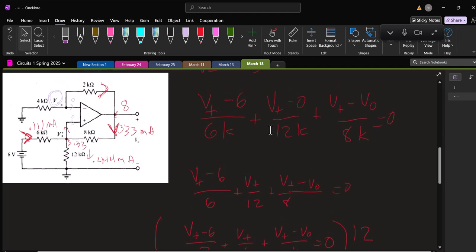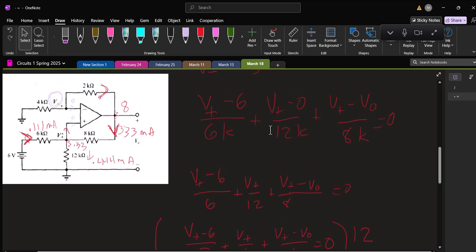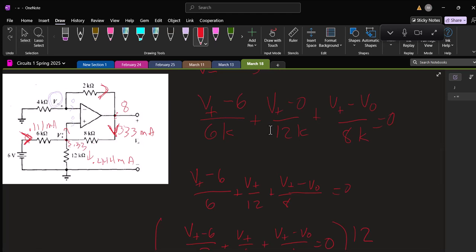Yep. So if I draw the current in this direction right here, and I label it that way, and I want to find I, then I would take 0 minus V, which we said was 5.333, over 4 kiloohms, which gets us negative 1.33 milliamps.